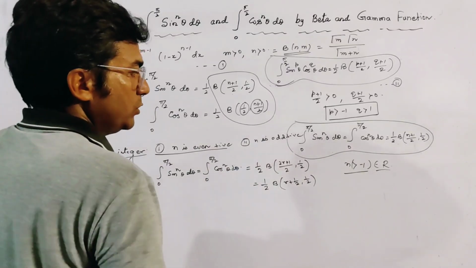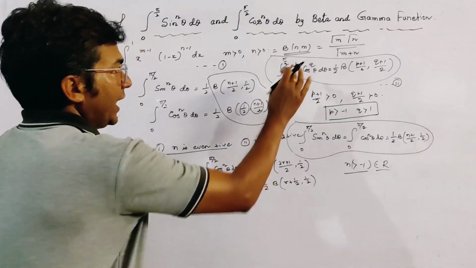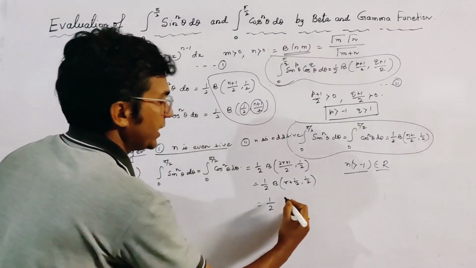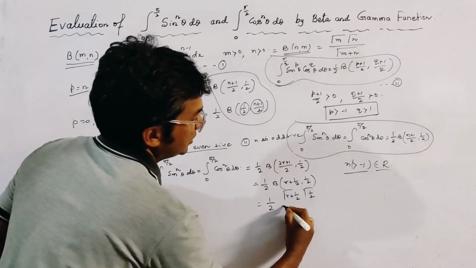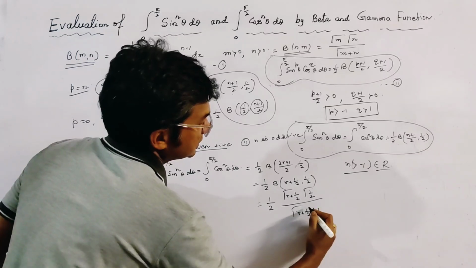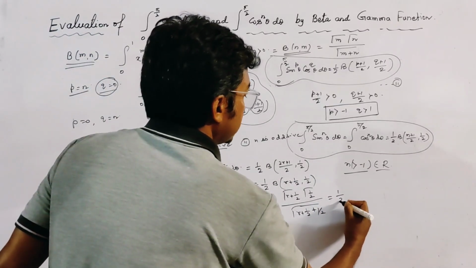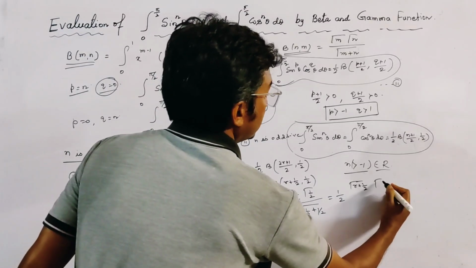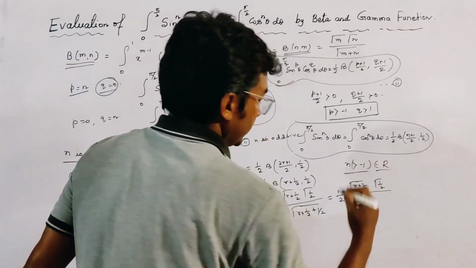Now we put in the relation between the beta function and the gamma function, and by putting this relation we can write this term as gamma(r plus half) into gamma(half) by gamma(r plus half plus half). So this is half into gamma(r plus half) into gamma(half) by gamma(r plus 1).